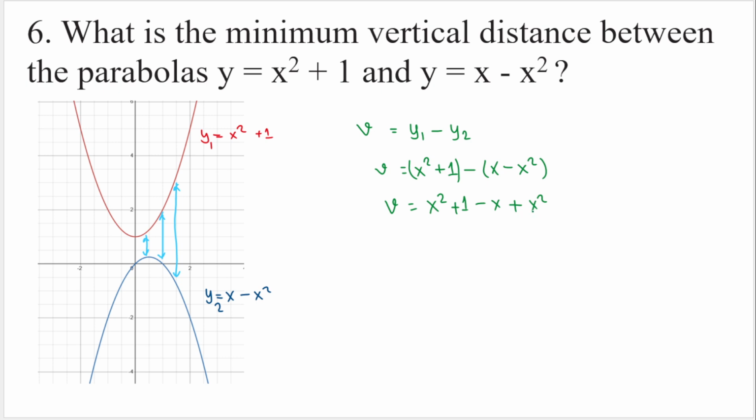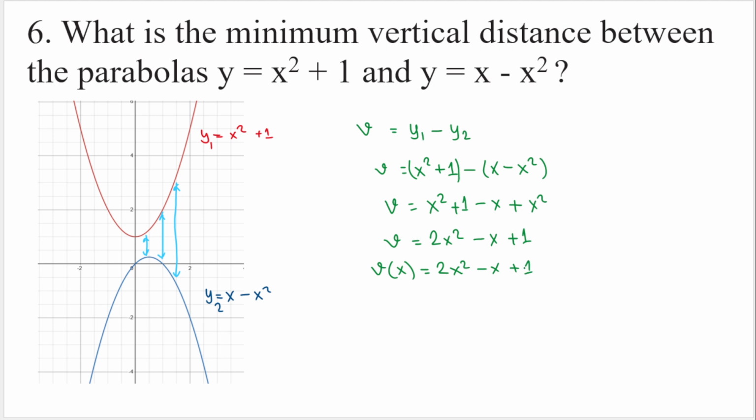X squared plus x squared is just 2x squared. And then I want to order it by the power of x, so I will have minus x here and then plus 1. Or because this is a function of x, I want to write it as v of x is equal to 2x squared minus x and then plus 1.